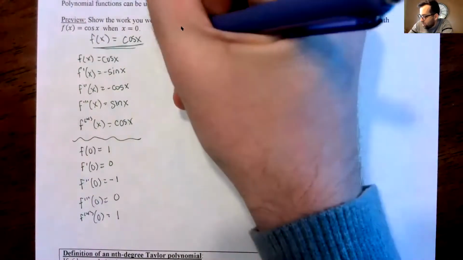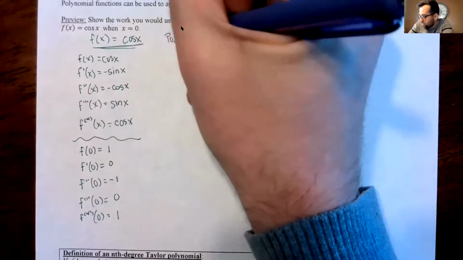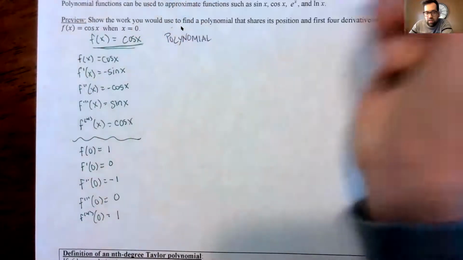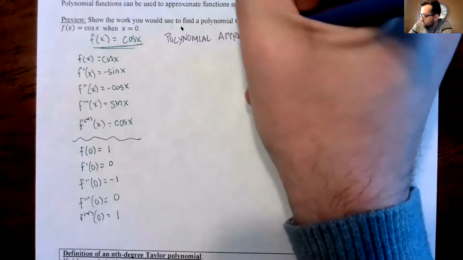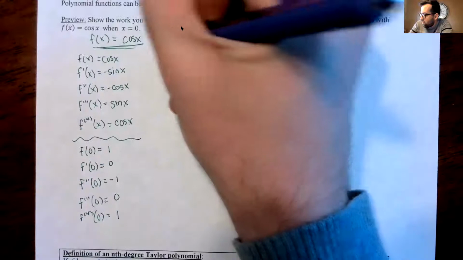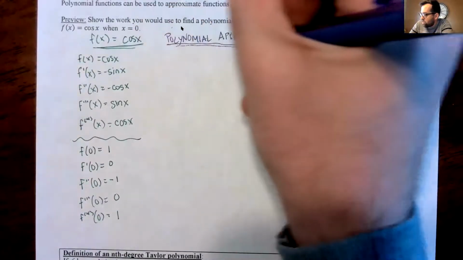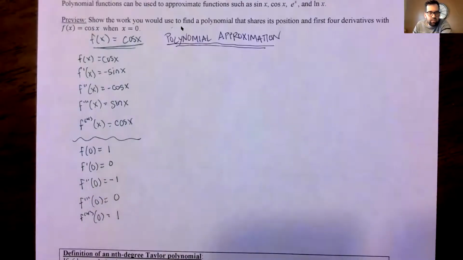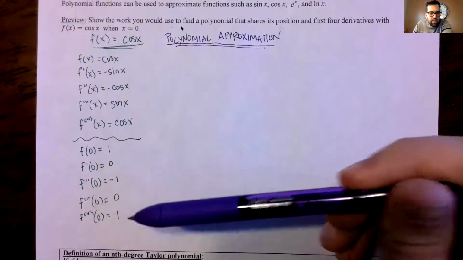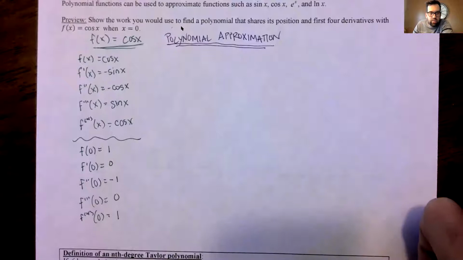I'm going to do that work next door over here. So let's just say we were given this question: given all of these derivatives, find the polynomial that matches. That's what we're going to try to do.